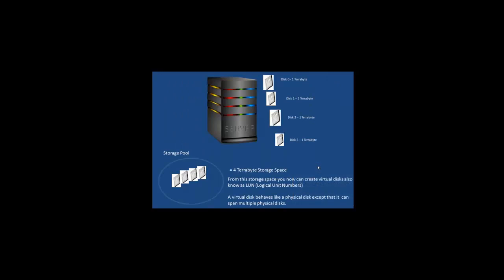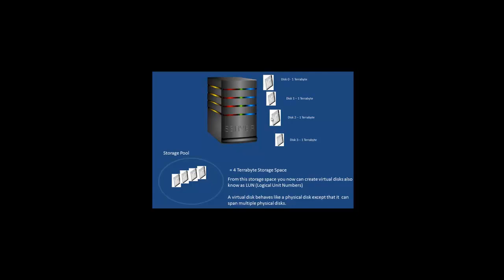Let's look at this example. Here we have a server. Let us say that we have 4 disks that we want to attach to the server. You have disk 0 first, disk 1, disk 2, and disk 3. 4 hard drives.